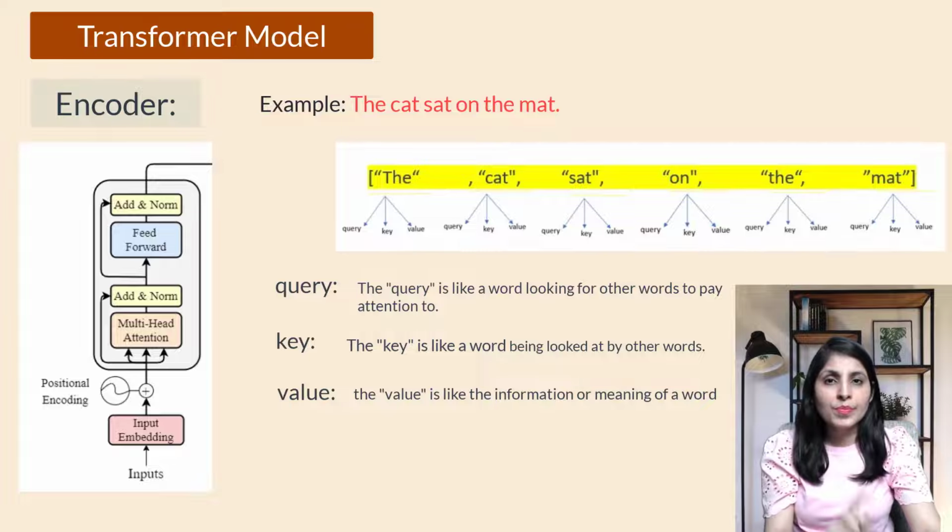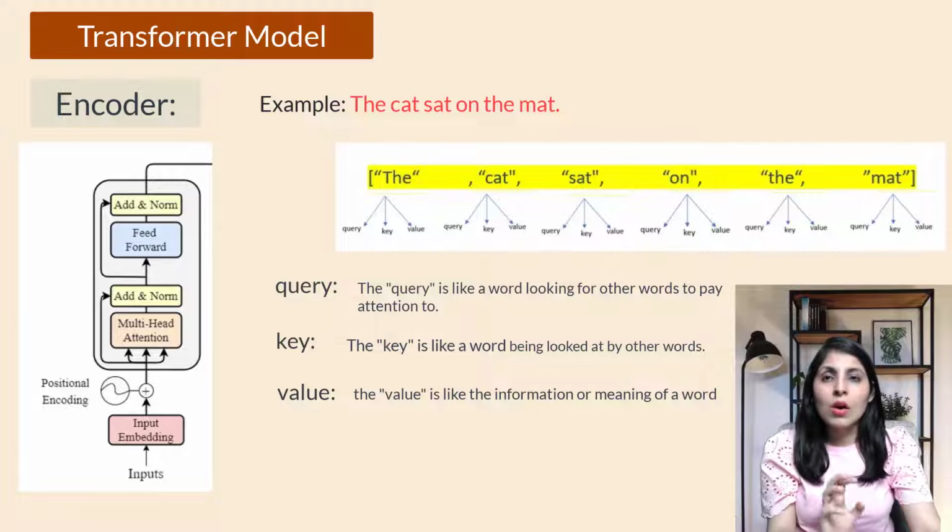Each word in a sentence gets transformed into query, key and value. The word "the" will have a query, key and value. "Cat" will have a separate query, key and value. Like this, each word will get transformed into query, key and value. This will be done by some maths. Today we are not discussing that math, we are just understanding the overall idea.